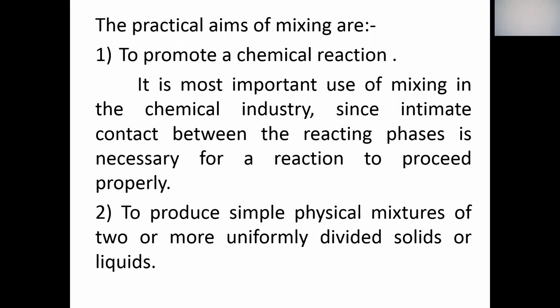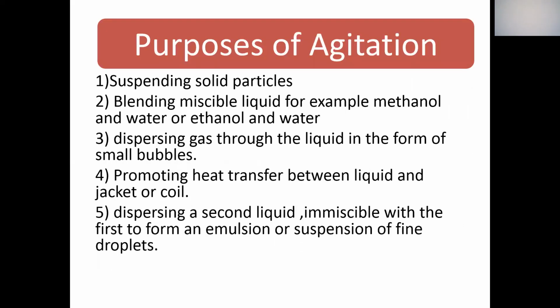Then the next one is to produce a simple physical mixture of two or more divided solids or liquids which are separated. So to have the mixture, then to increase the contact, for these purposes, generally the mixing operation is used. Sometimes there is a requirement for the final product, so mixing can be done to meet the required specification. So these are the important practical aims for mixing.